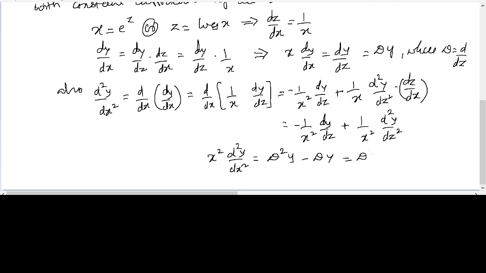From this you can take D outside and write D into D minus 1 of y. Similarly we can write x cube into d cube y by dx cube as D into D minus 1 into D minus 2 of y. So by substituting all this in the given equation 1, we get a linear differential equation with constant coefficients, which can be solved by the known methods already discussed.